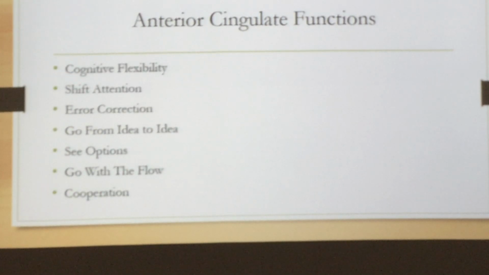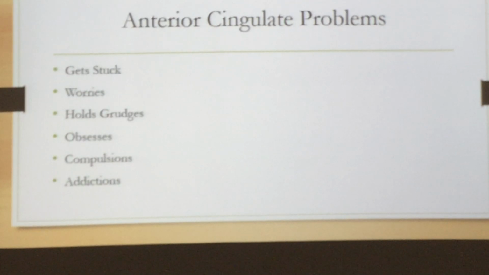It is important in cognitive flexibility, in our being able to shift our attention from one thing to another, in our ability to correct errors, to go from one idea to another idea, to be able to actually identify options, to be able to go with the flow, and to be able to cooperate. What happens if that anterior cingulate develops a problem?